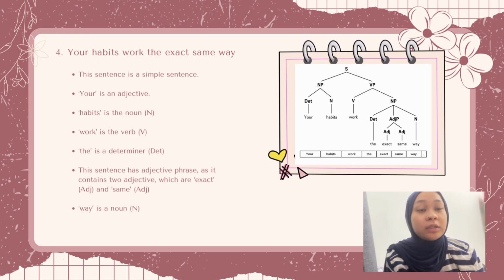Under the next noun phrase, we have determiner and another noun phrase, where the determiner is "the." Then under the noun phrase, we divide into two again, adjective and noun phrase, where the adjective here is "exact." Under the next noun phrase, we divide it into two, which are the adjective and noun, where the adjective is "same" and the noun is "way."